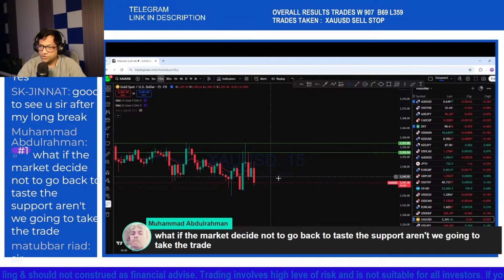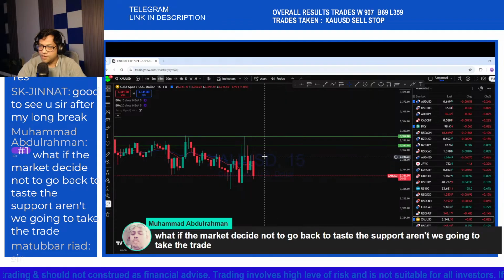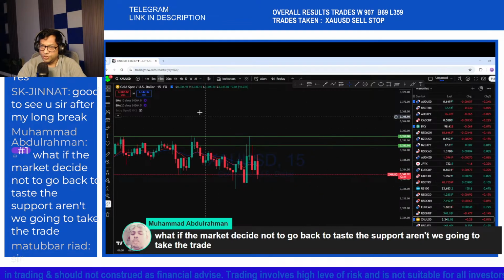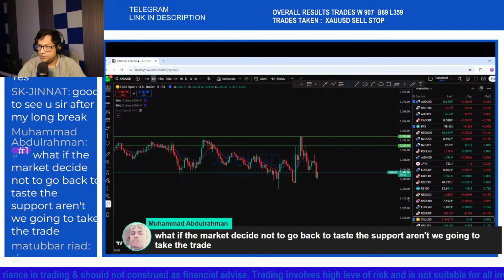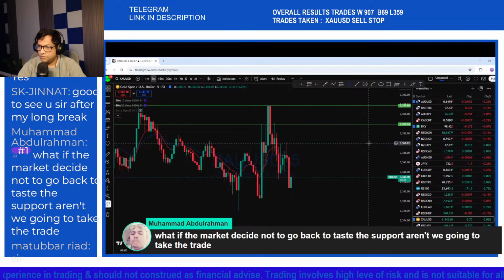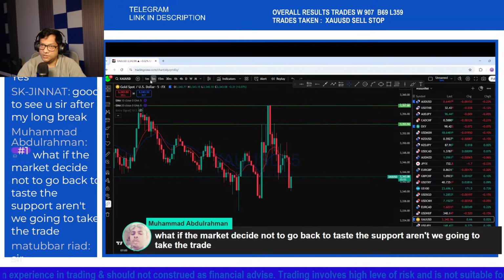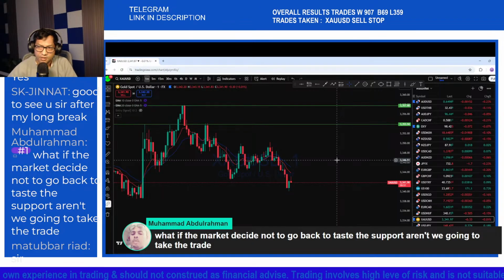Here is the bearish market structure again. The price is showing a possible trend continuation here. You guys can see that it is still maintaining downtrend.